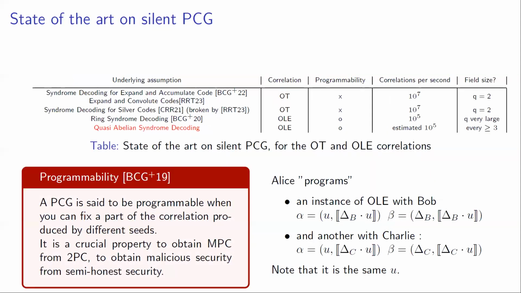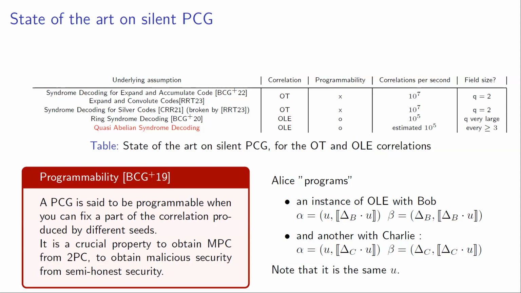There's some state of the art about silent PCGs. I put here some of the recent works. One of those is the next talk, I believe. But today I want to tackle mostly OLEs.